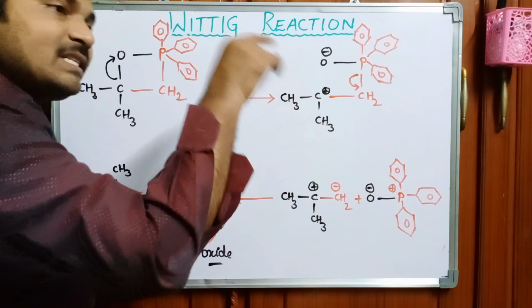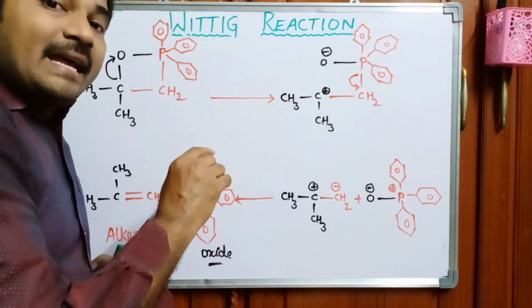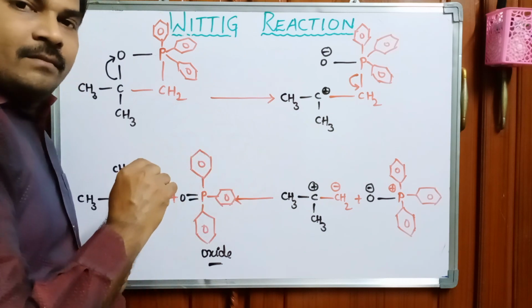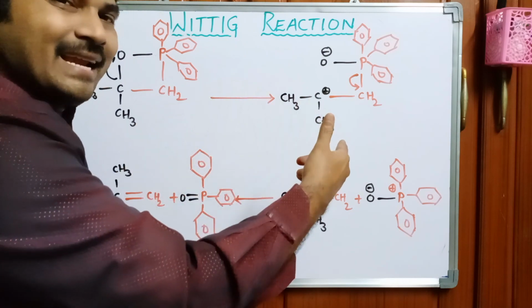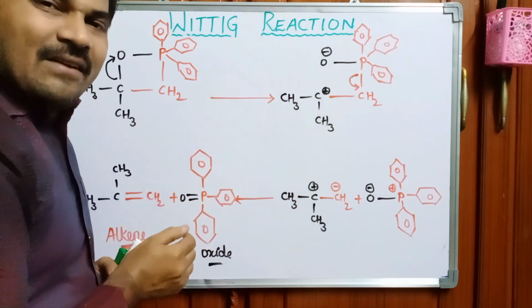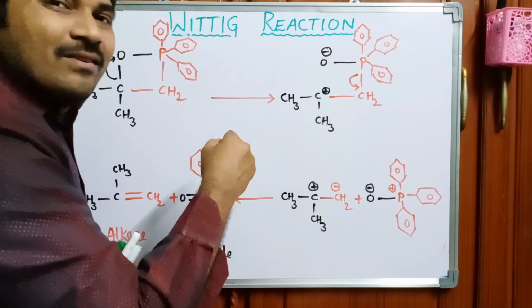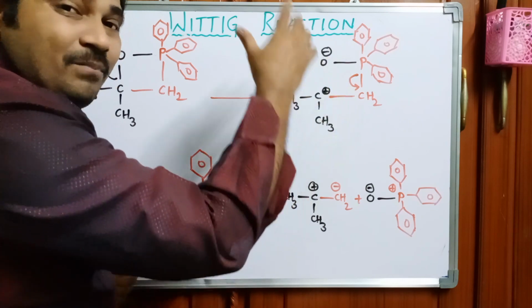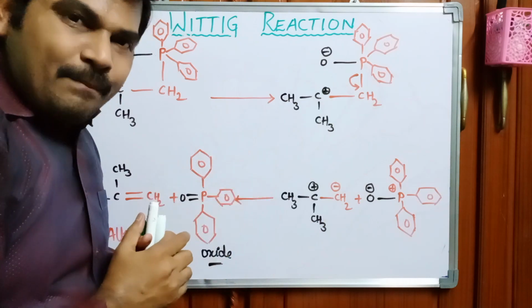Wittig reagent is formed by treatment of triphenyl phosphine with methyl bromide to yield triphenyl phosphonium ylide, and hydrogen bromide is the byproduct.